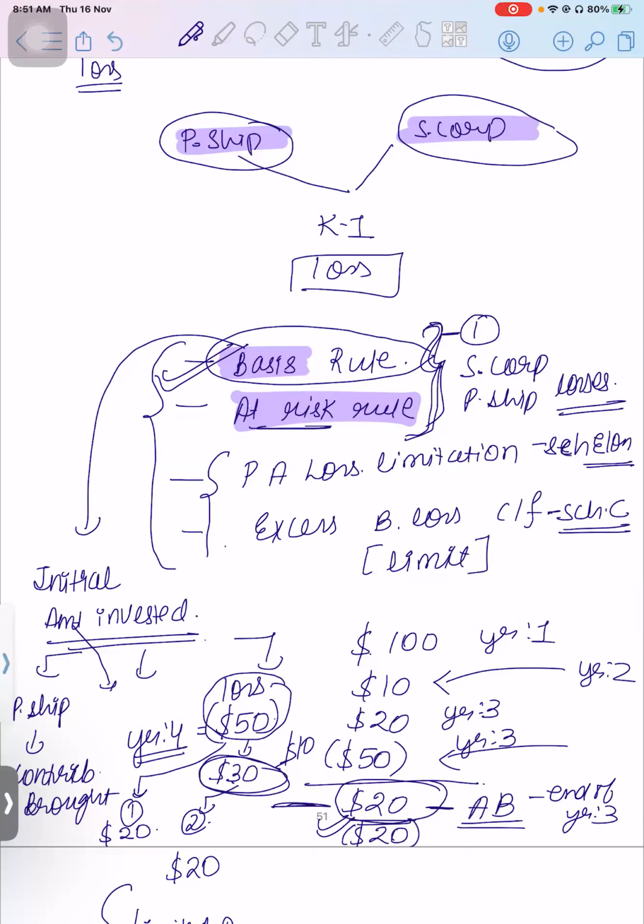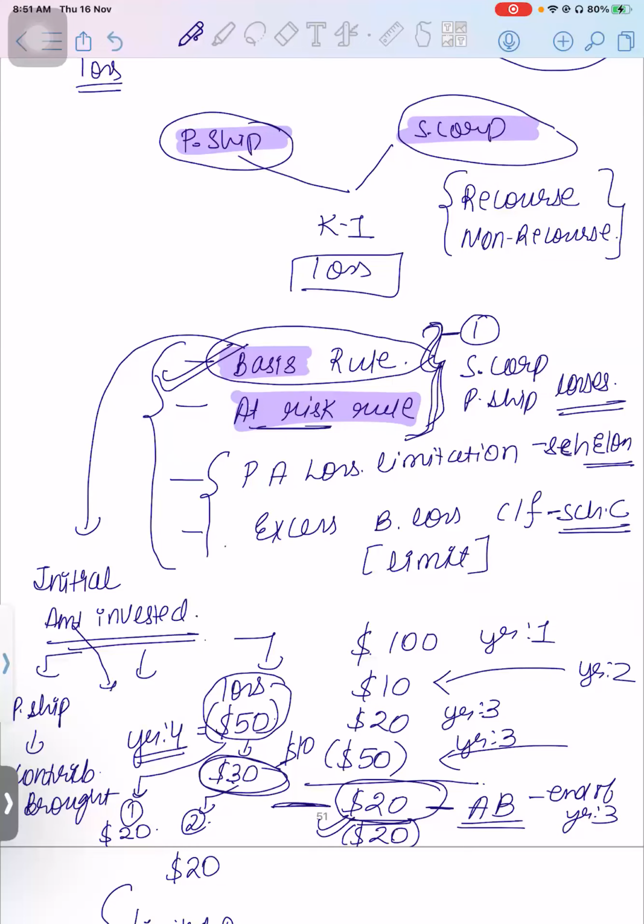Also, they can sometimes use the words recourse and non-recourse. We'll see these two terminologies when we do the partnership topic. Right now, for understanding the concept, just remember at risk will only be the general partners.